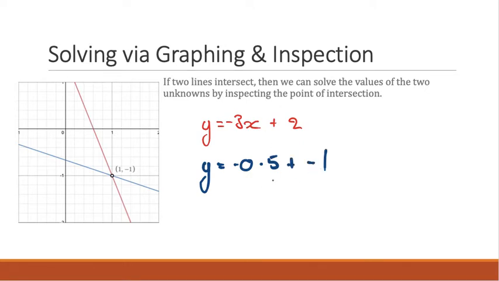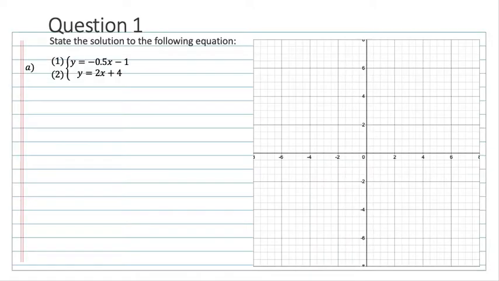I should mention these equations here don't represent these lines here, but suppose they did, the point at which they intersect, this point here, would yield the x and the y values for these two equations. Now let's go down to something a little more concrete. We'll jump into an example.